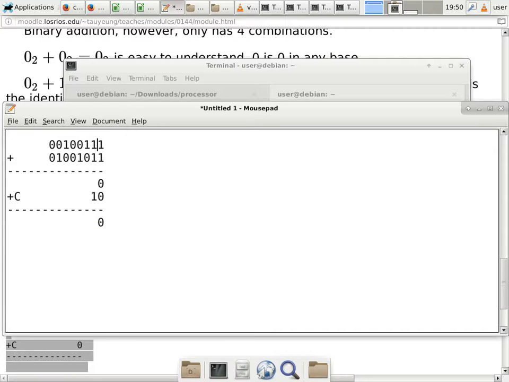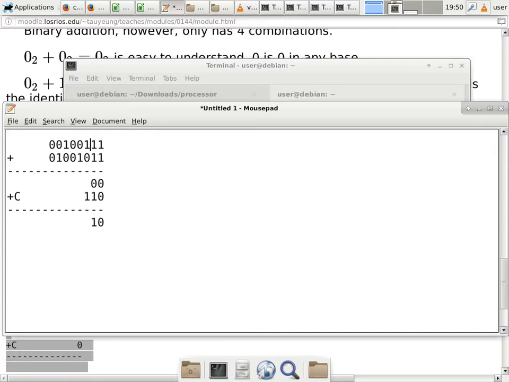Now we are working on the second column, which is bit 1 of the addition. 1 plus 1 is 0 with a carry. 0 plus 1 is a 1.